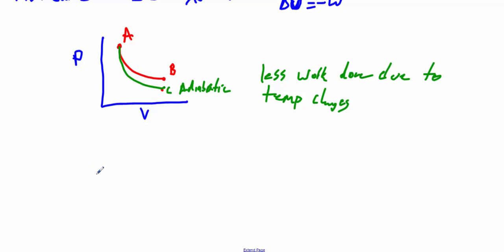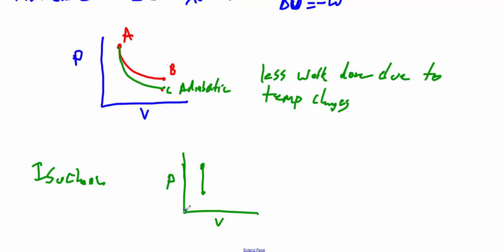We've already looked at isobaric, where the pressure is constant. In an isochoric process, where we have a constant volume, if you think about this one, volume's here, pressure's here, we can increase the pressure in a gas without changing the volume. But if you look at that, that means no work is done. Remember, work is equal to pressure times change in volume.